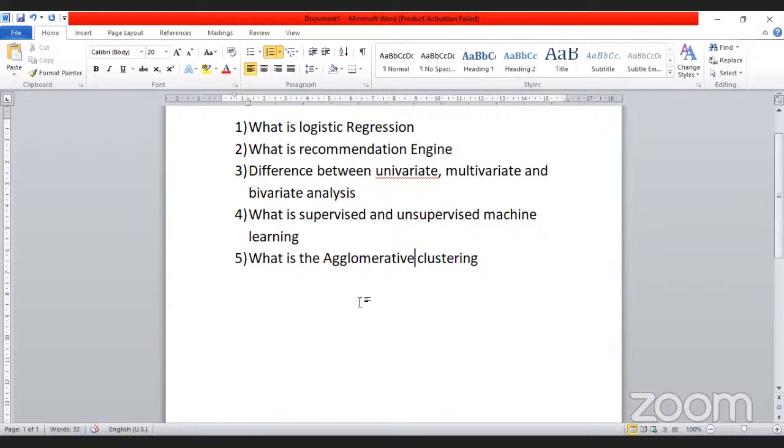Agglomerative clustering is the common type of hierarchical clustering. It is the bottom-up approach. In agglomerative clustering, what happens?